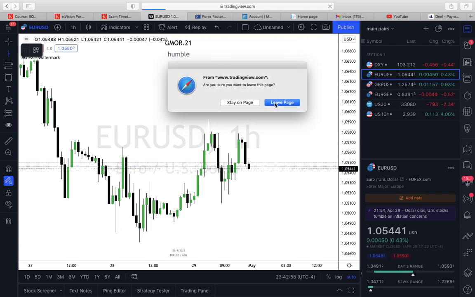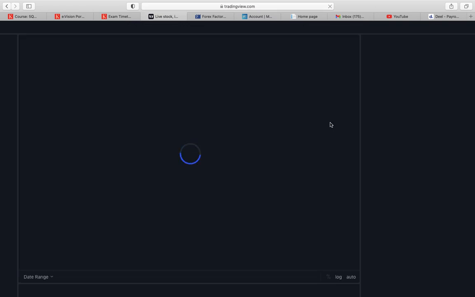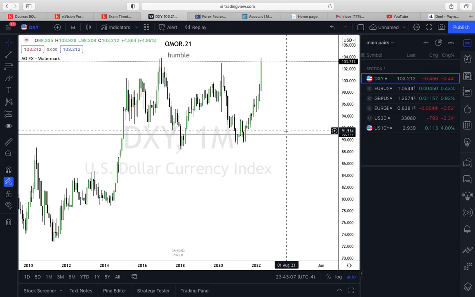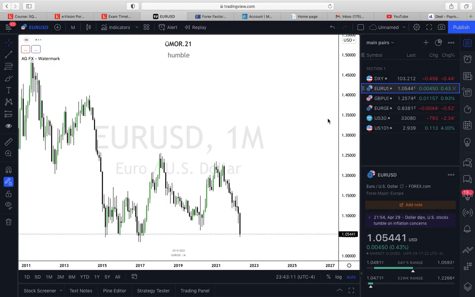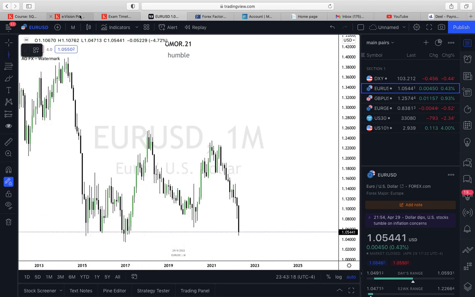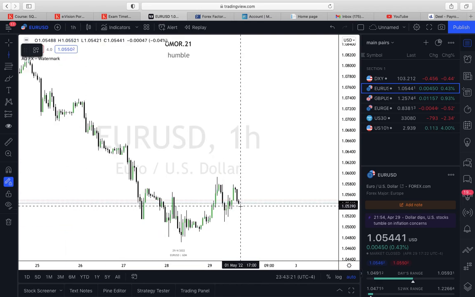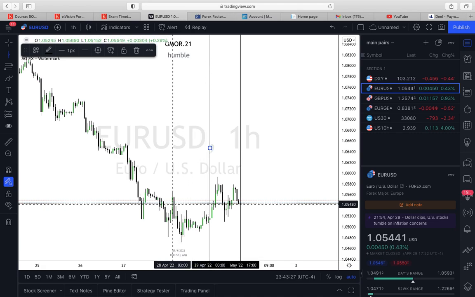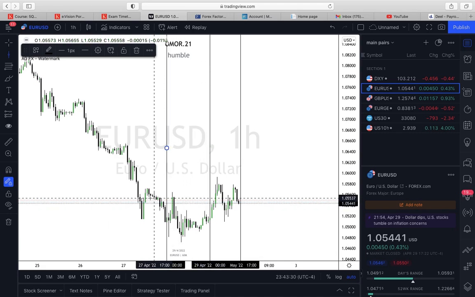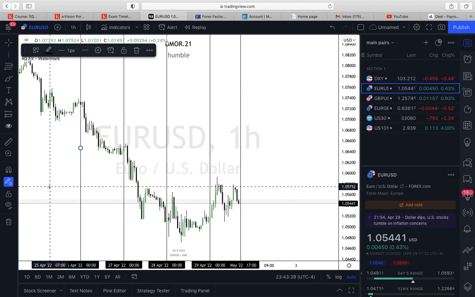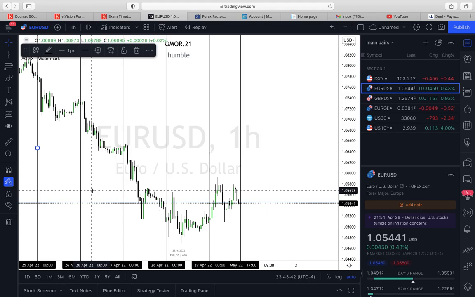Let me just reload this. That's a bit better.